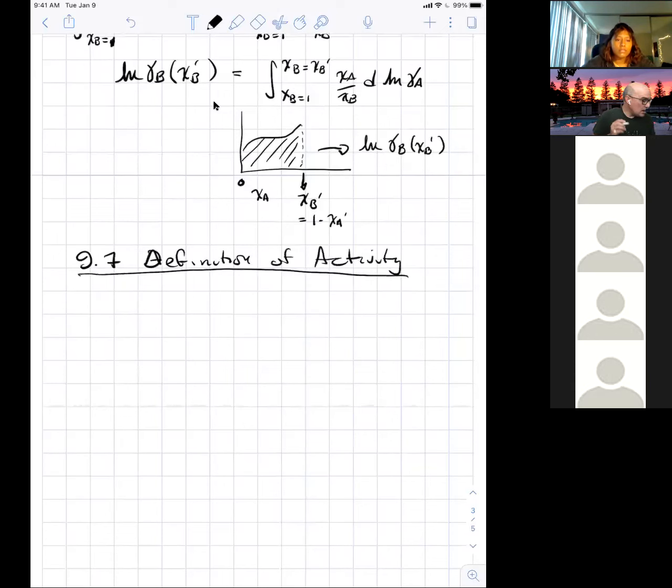There's only one more thing that we have to worry about within the activity. So basically, the activity is going to be our activity coefficient times our concentration factor, right? We saw this before last time.